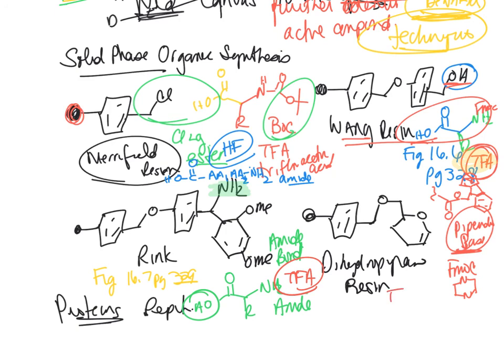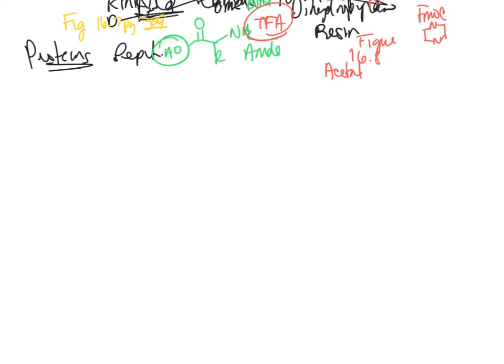What I find interesting is the dihydropyran, which is in figure 16.8, and the dihydropyran is a protecting group for an acetal. So let's look at that. I guess that's on figure 16.8.